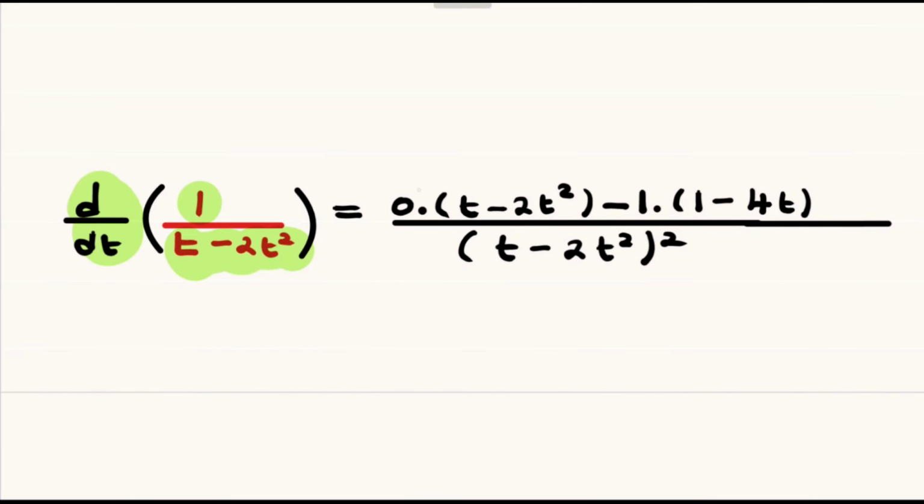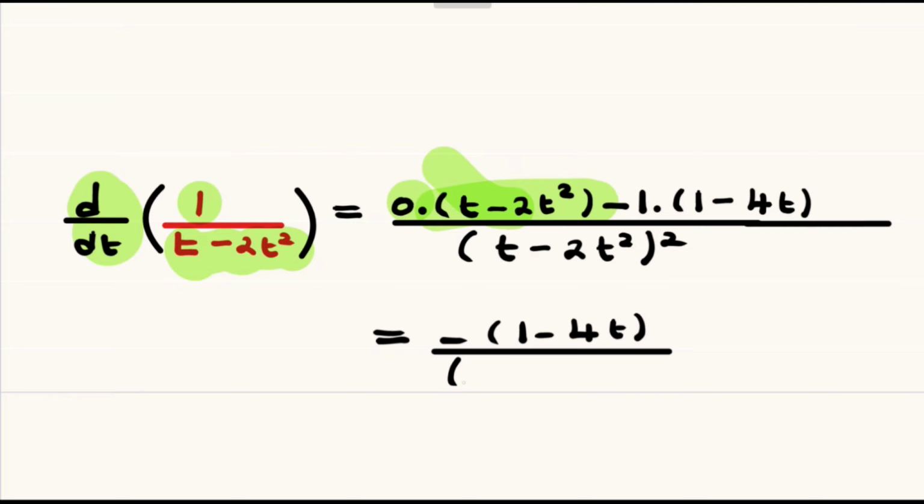So that 0 will nullify the t minus 2t squared, and we'll be left with negative into 1 minus 4t divided by t minus 2t squared, all squared.